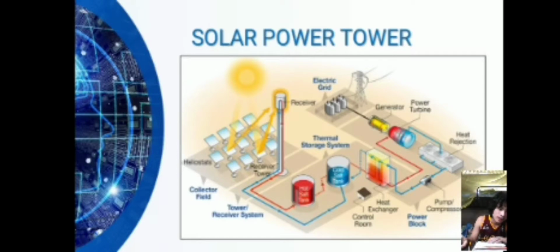Then, it goes again to the heat exchanger. Then, go to the power turbine, generating electricity. Then, yun lang, heat rejection. So, dito yung heat rejection nito, nagko-condense na siya ng superheated steam.